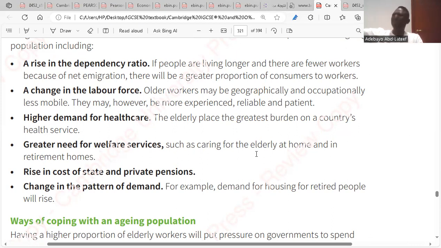Government has different homes to put the old ones that cannot work anymore. These things are expenses for government. Rise in cost of state and private pensions. Because the aging population is increasing, government will pay more pensions. Do you get the point?